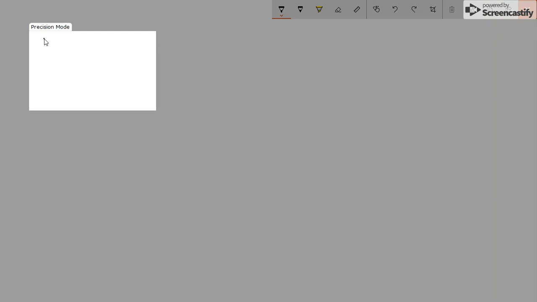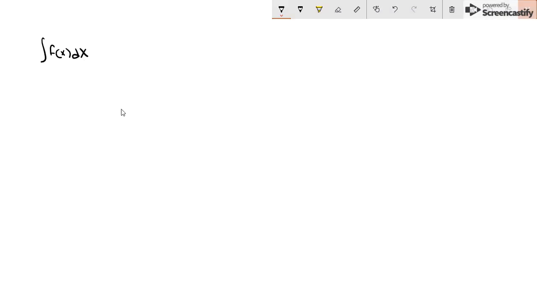So the way you would write it out is it's kind of like a large S, and then f of x dx, right? So you're taking the integral of f of x with respect to dx, right?